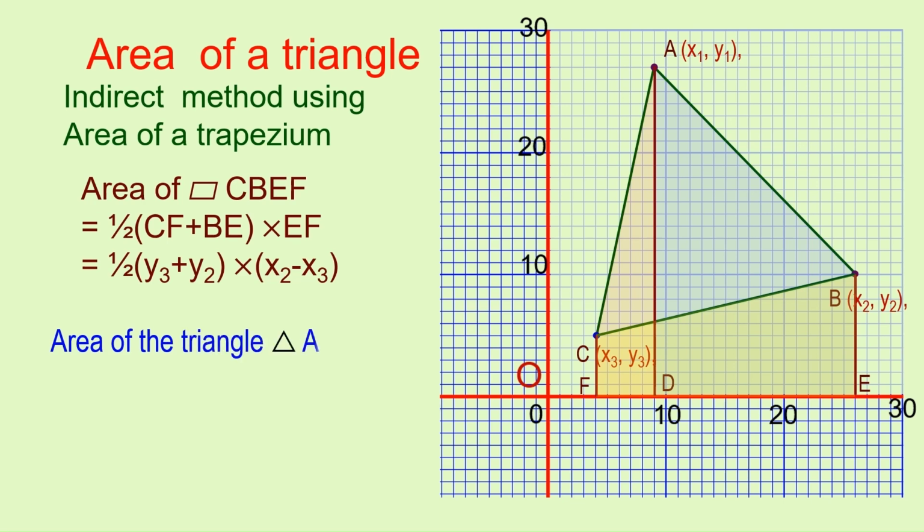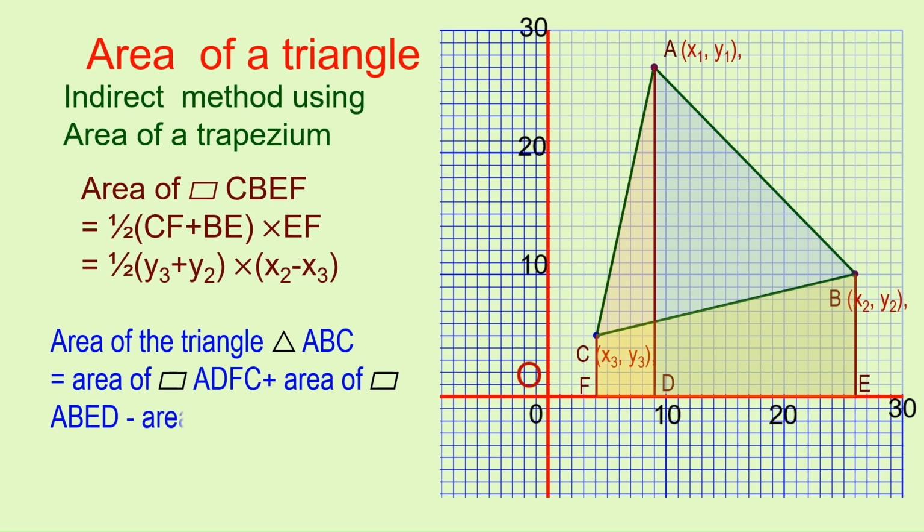Area of the triangle ABC equals area of trapezium ADFC plus area of trapezium ABED minus area of trapezium CBFE.